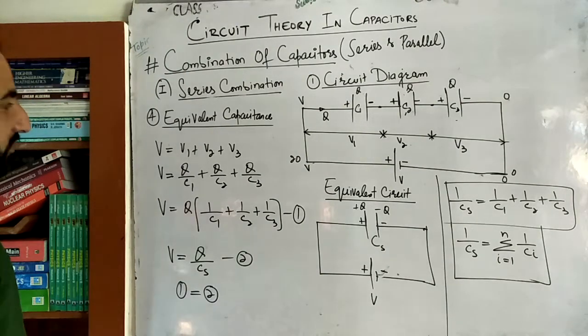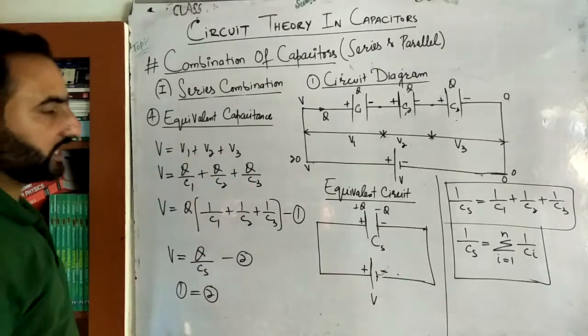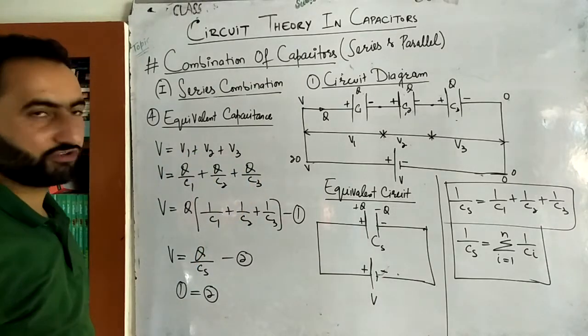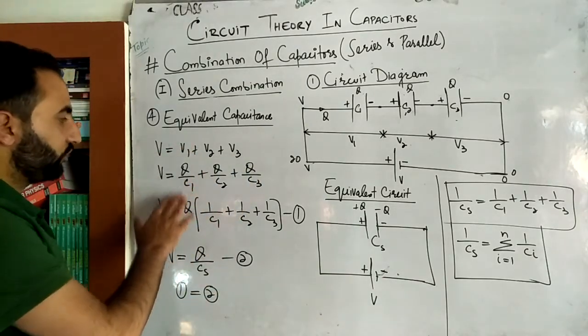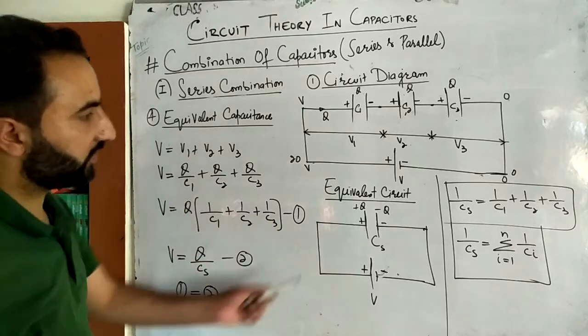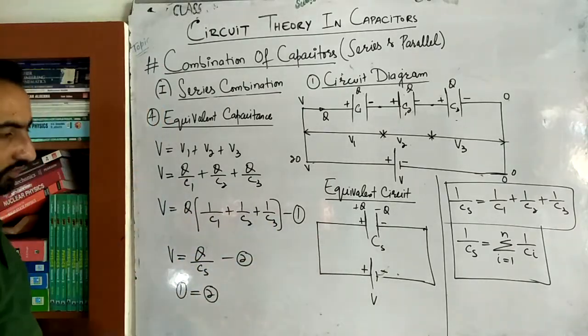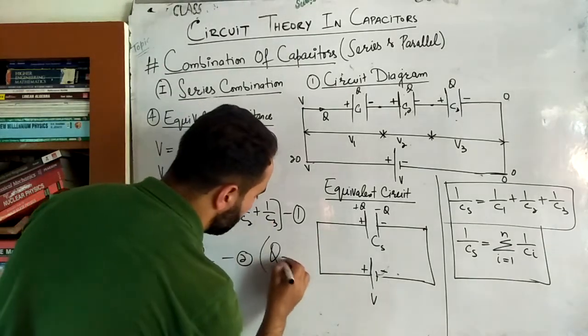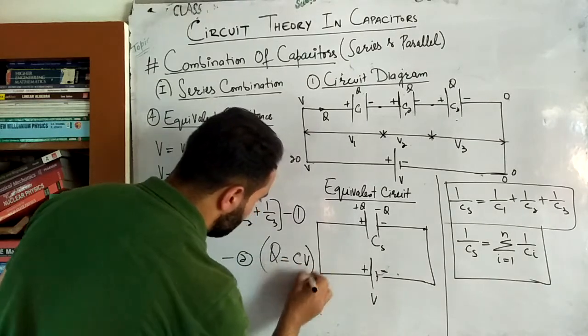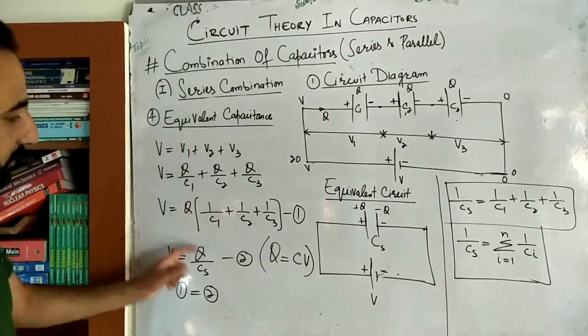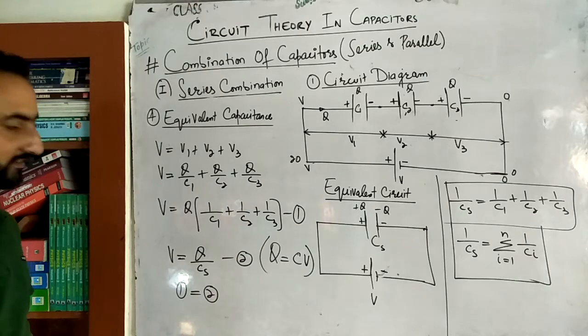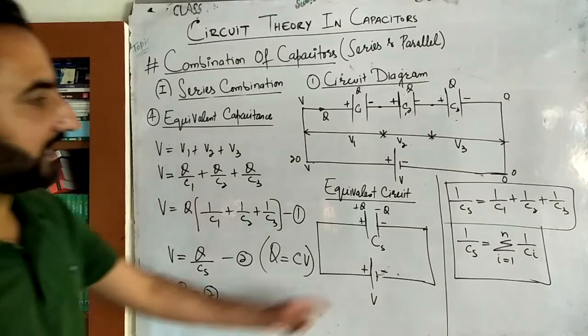So simple. The potential difference will be equal to the sum of the potential differences across each capacitor. V1 is equal to Q divided by C1 and so on. For the equivalent circuit, since Q is equal to C multiplied by V, V will be equal to Q divided by C, here CS. Now equating first and second, we get this.